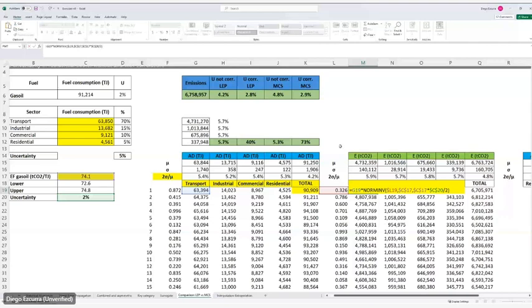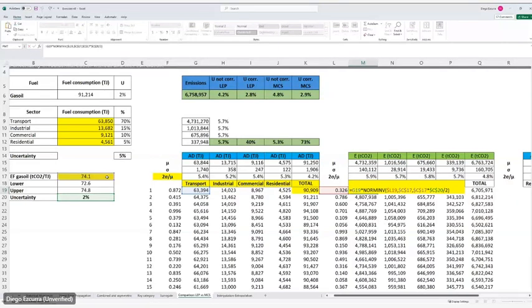Here, column L, is the random number. The mean value of the emission factor, cell C17, is 74.2. That's the average value for the emission factor.